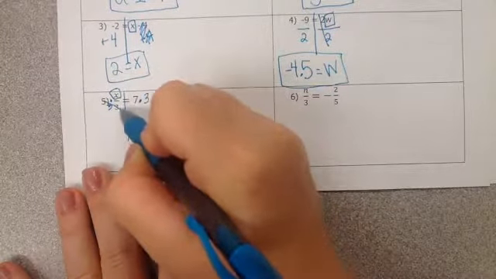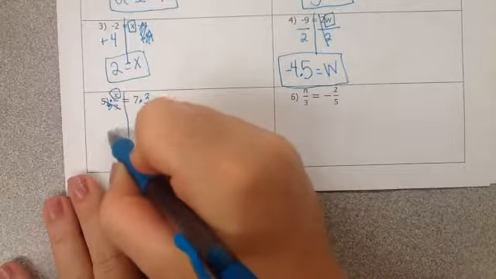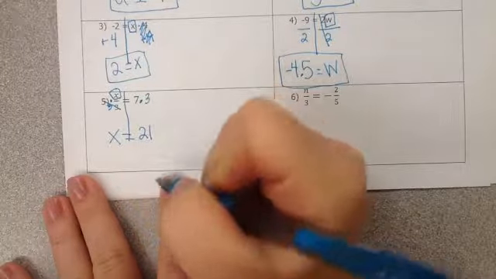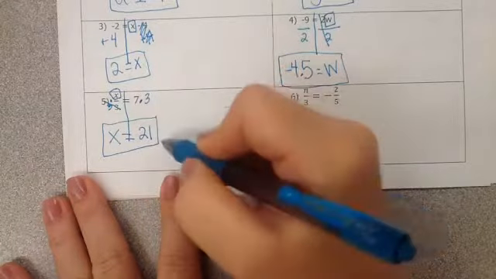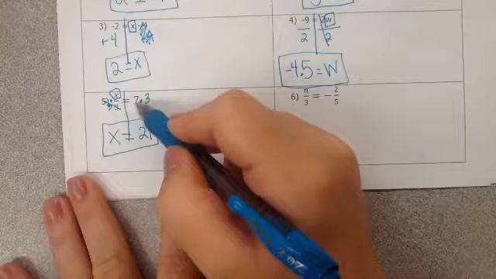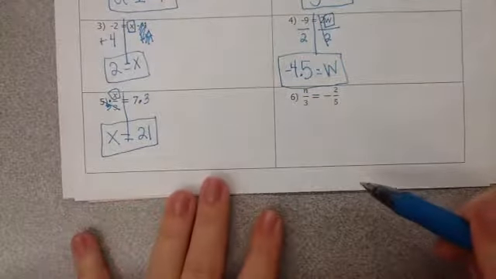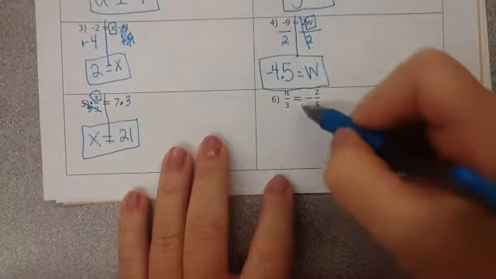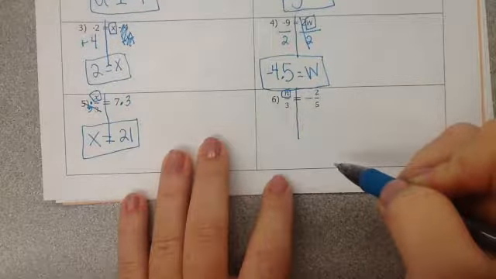These 3's will cancel, leaving us x equals 21. So if I plug this back in, is 21 divided by 3 7? Yes. For number 6, how do I go about getting n by itself?